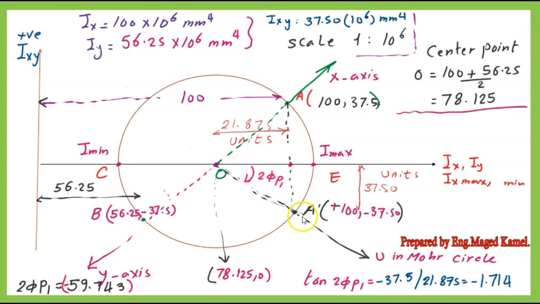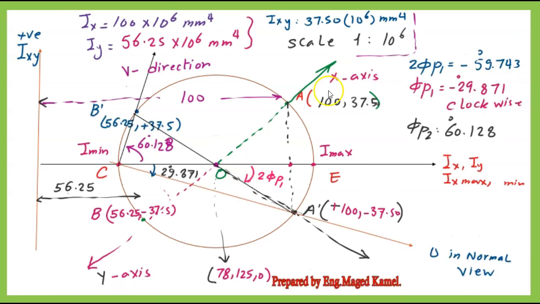The angle 2 theta B1 can be estimated by finding the tan value, which is equal to minus 37.5 divided by 21.875 equals minus 1.714. Using calculator, 2 theta B1 equals minus 59.743 degrees, and it is in the fourth quarter.